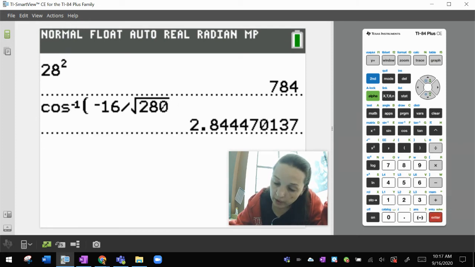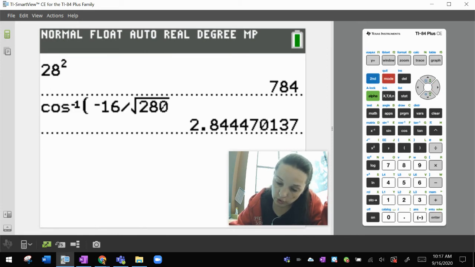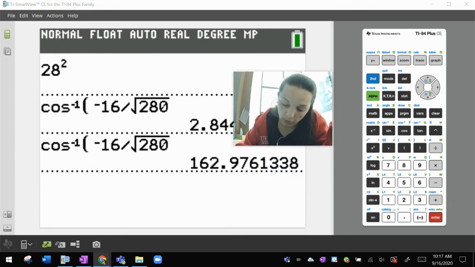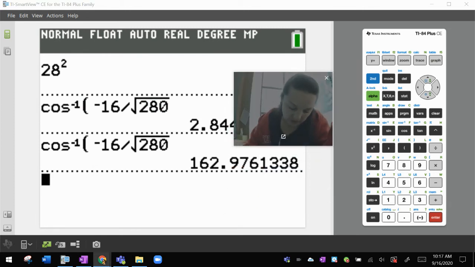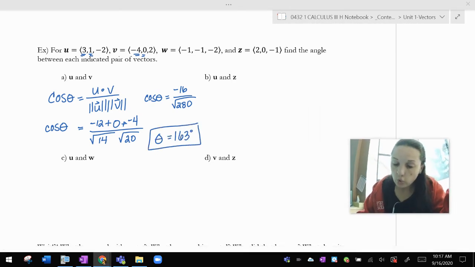Oh, nope, I defaulted back to radians. I don't want to be in radians. I want to be in degrees. 162.97. So we're going to say that's 163 degrees. Theta equals 163 degrees. Cool.